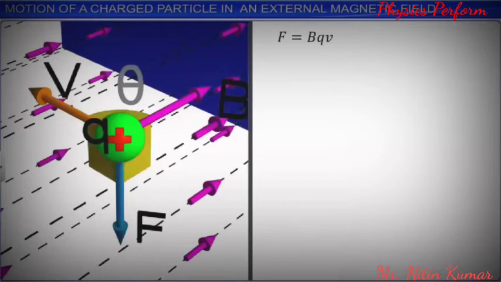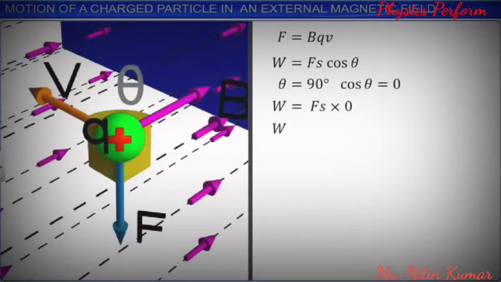In other words, in the expression for work done, W is equal to Fs cos theta. If theta is equal to 90 degrees, we get W is equal to 0.